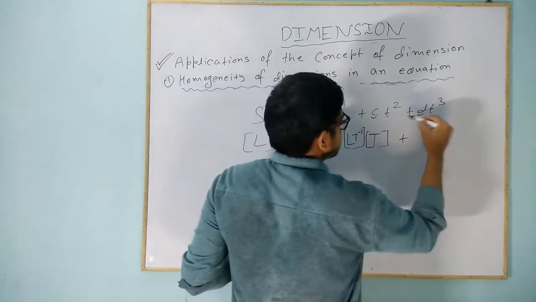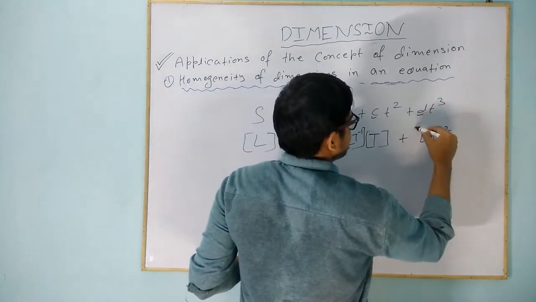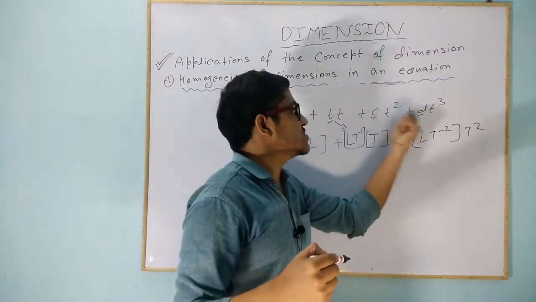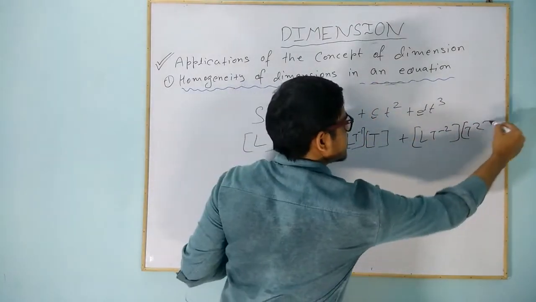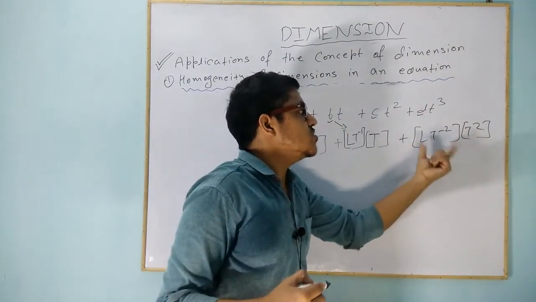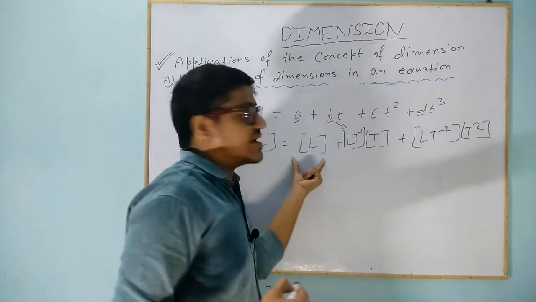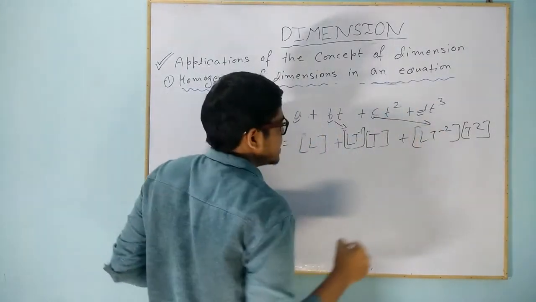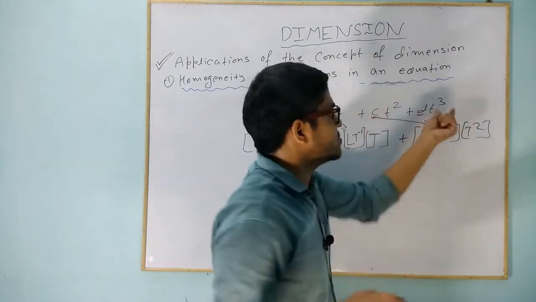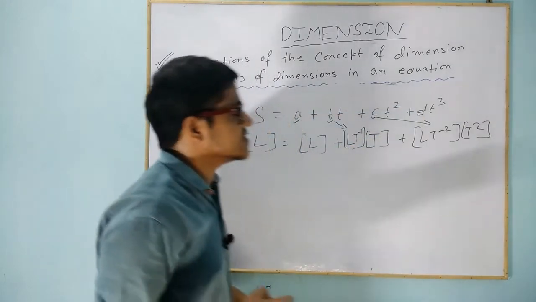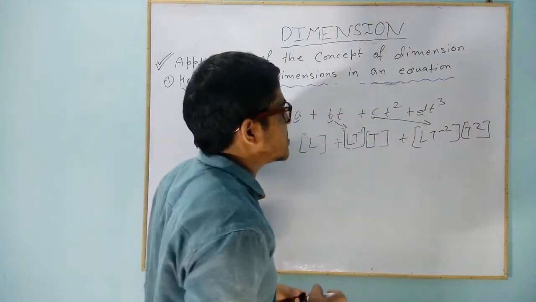Similarly, the dimension of C would be LT raised to the power minus 2, because the dimension of T square is T square. Hence the dimension of C must be LT raised to the power minus 2 to make the product L. Similarly, you can find the dimension of D also. The dimension of D would be LT raised to the power minus 3.